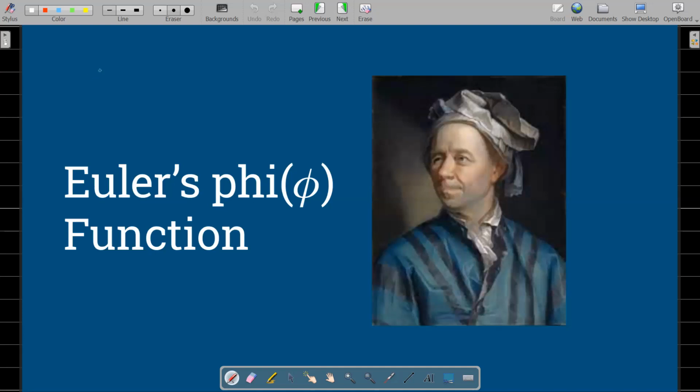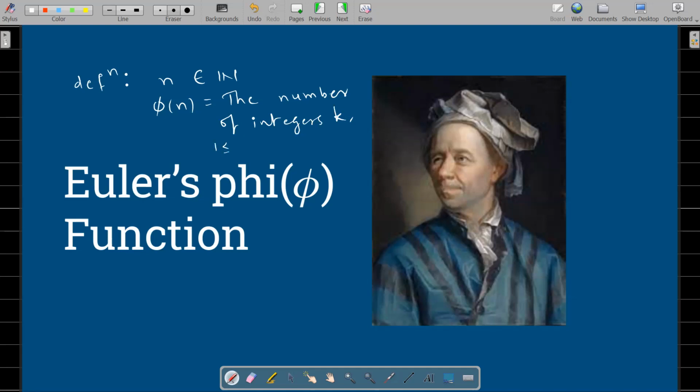I'll define what is Euler's phi function. Suppose n is a natural number, n belongs to N. What are natural numbers? Like 1, 2, 3, 4, and so on. I define phi of n as the number of integers k, where k is between 1 to n, and GCD of k and n is 1.